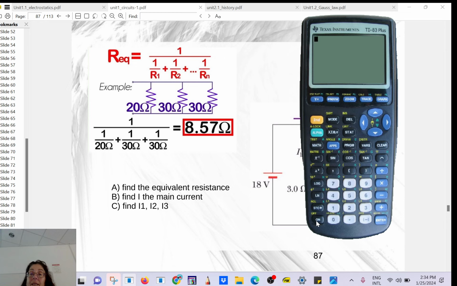So you take your TI, you do 30, take the reciprocal, plus 30, take the reciprocal, plus 30, take the reciprocal, and then enter, and then you take the reciprocal again, and you get about 8157 ohms, okay, that's how it works.